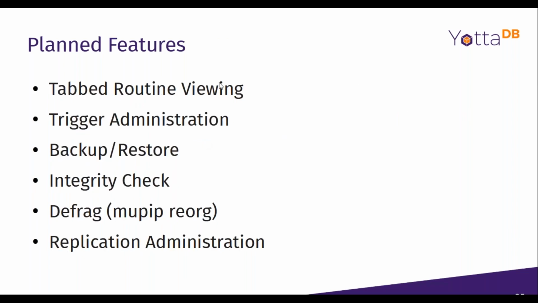We want to do routine viewing, administer trigger definitions, do backup and restore, integrity check, defrag, which is the MUPIP reorg command, and replication administration. Obviously, I don't know if we're going to do them in that order, but replication administration is kind of important, so we might prioritize it because that's one of our pain points for our users.